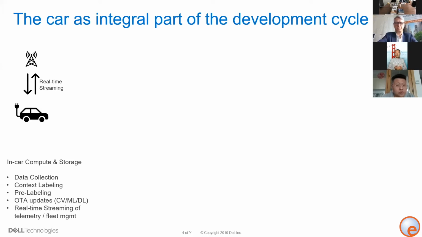Some typical tasks running inside of the vehicle are, for example, data collection, context labeling, pre-labeling, and over-the-air updates, or how to stream data generated by the vehicle in the field through 4G or 5G into the data center.